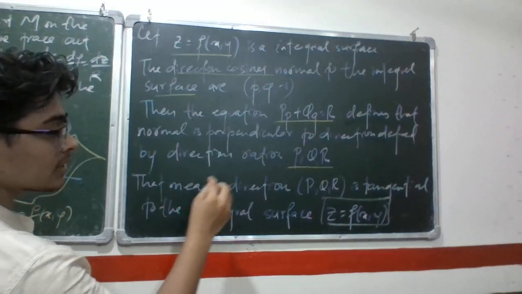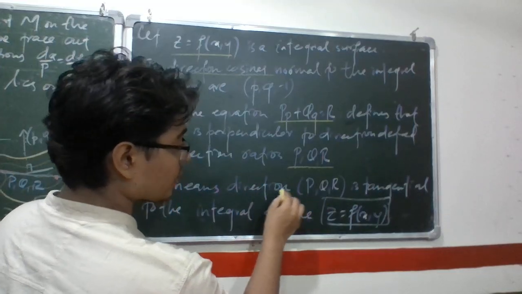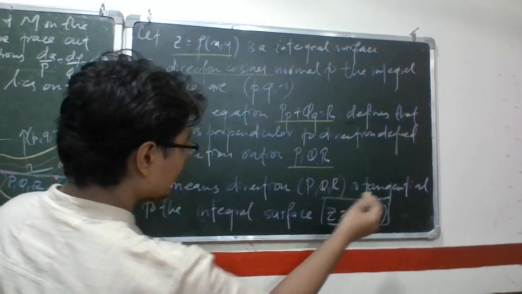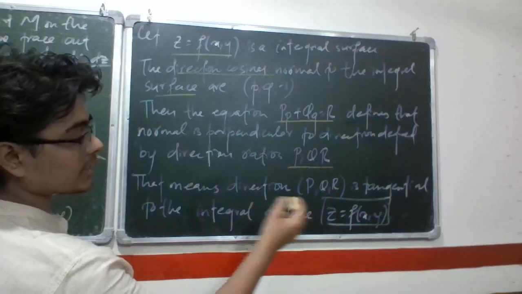That means the direction ratios P, Q, R are tangential to the integral surface z equals f of x, y.